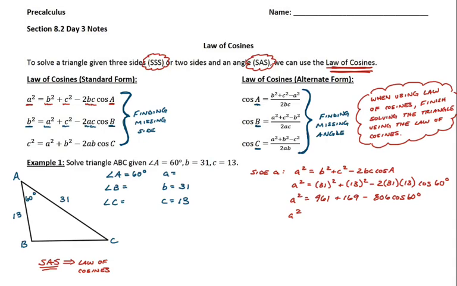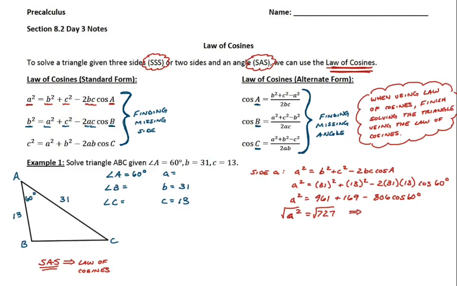So please be sure here you don't subtract 806 from 169 because it is attached to that cosine of 60. It's a coefficient. So to solve for A, I would just put that line in my calculator, 961 plus 169 minus 806 times the cosine of 60. They are attached, and what I would get is 727.